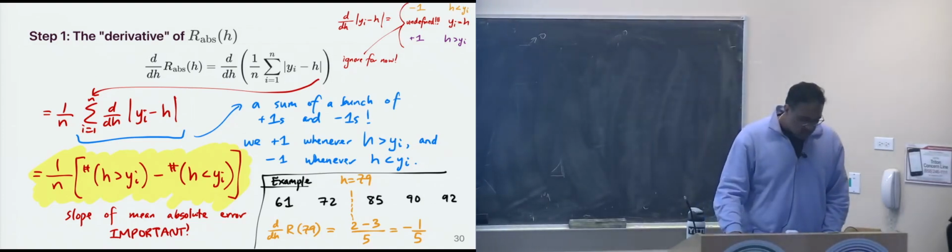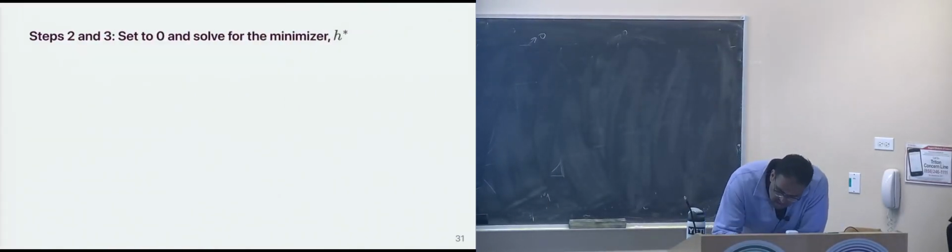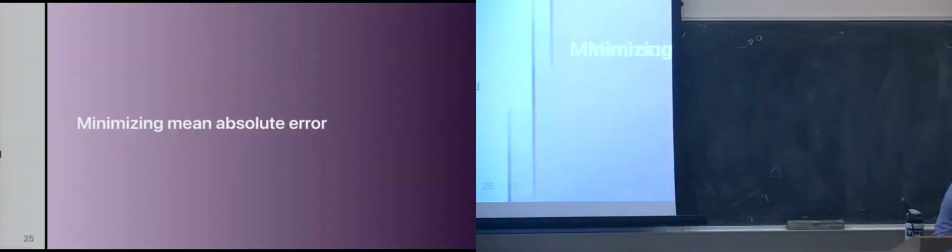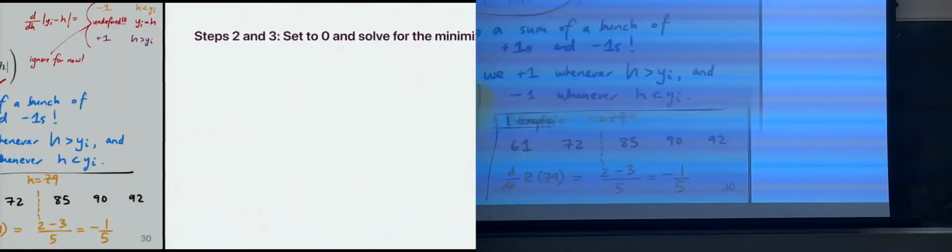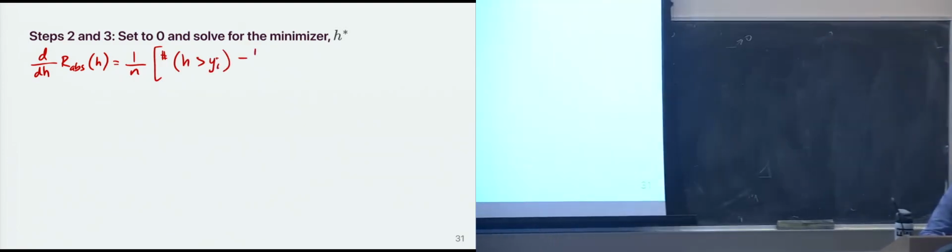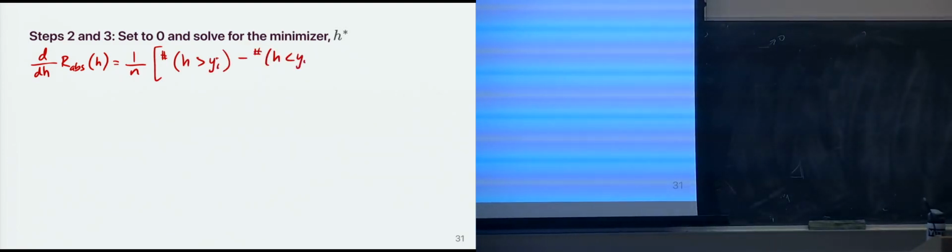And so, repeating what we have here, we have the derivative, well, in quotes, so number of points h is greater than, minus number of points h is less than. And what I want to do is set it to 0.